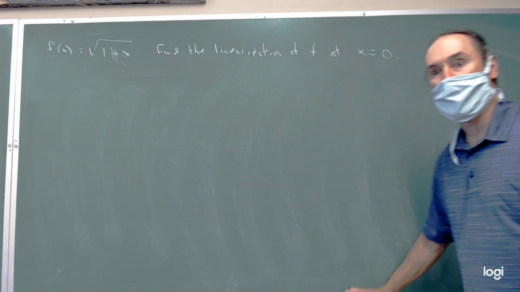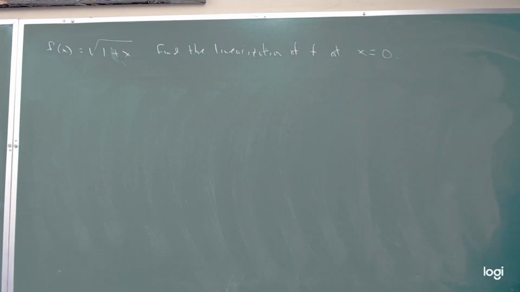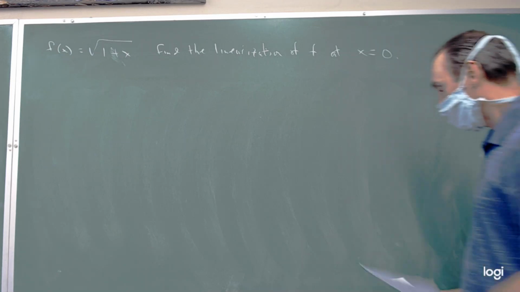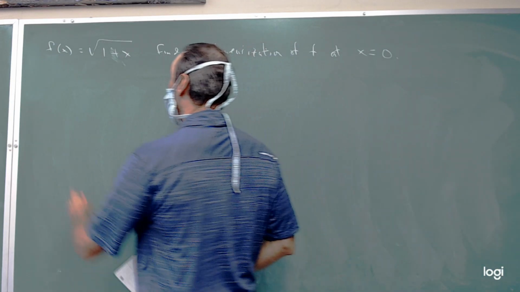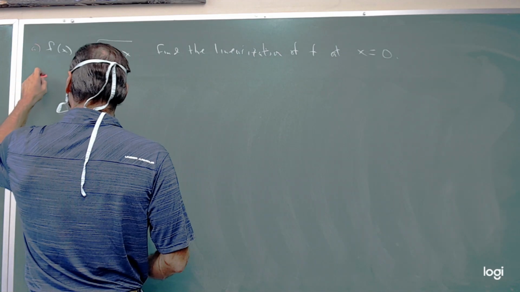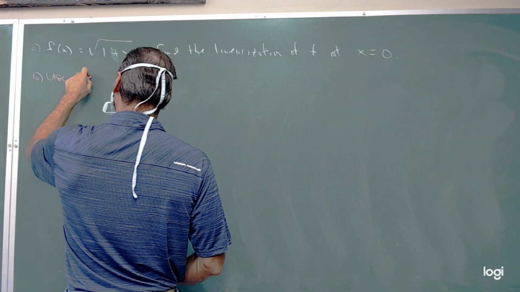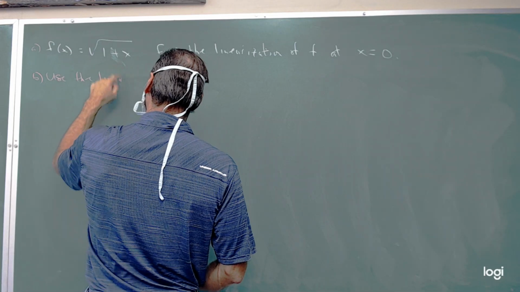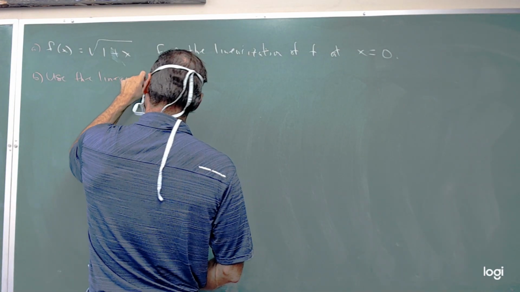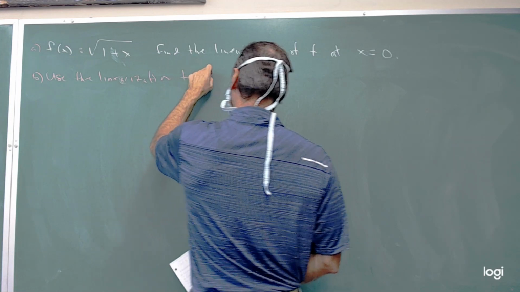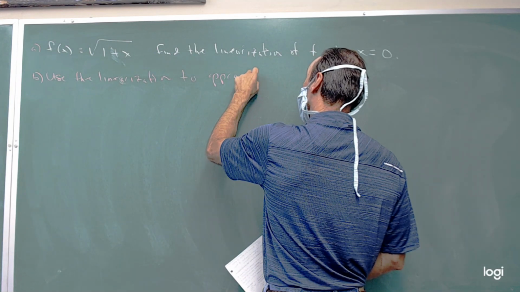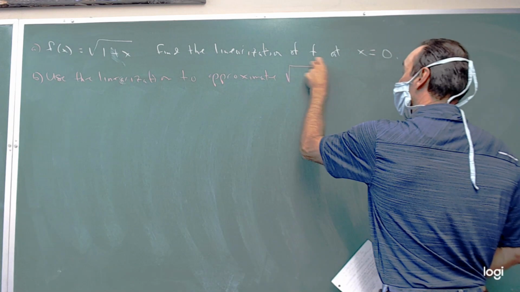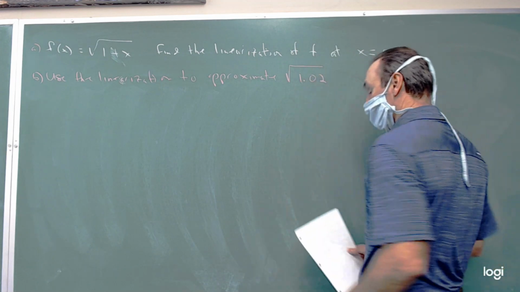So we're really just saying find the equation of the tangent line at x equals 0. And then, that's part A, we will use the linearization to approximate the square root of 1.02.